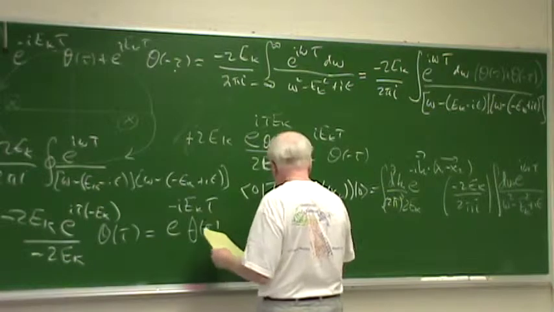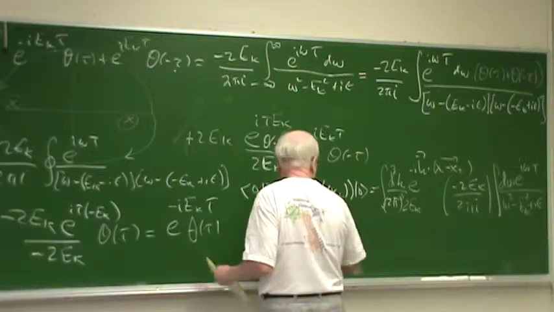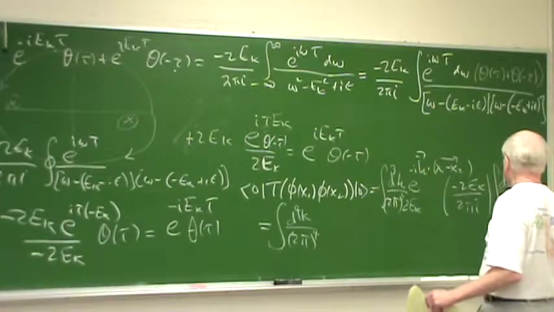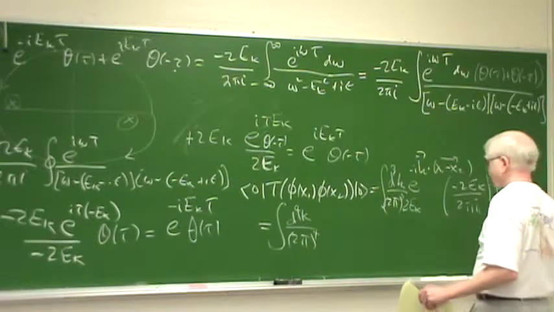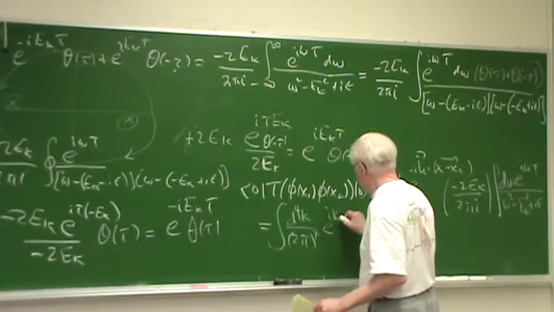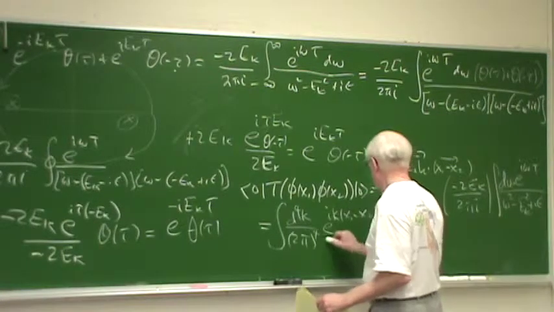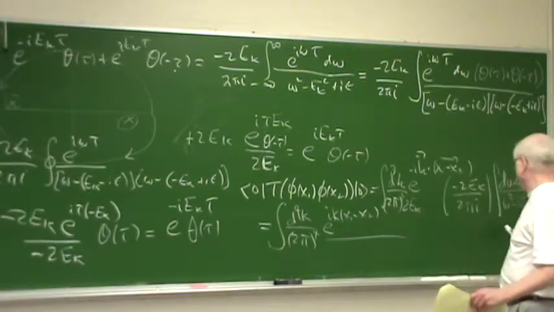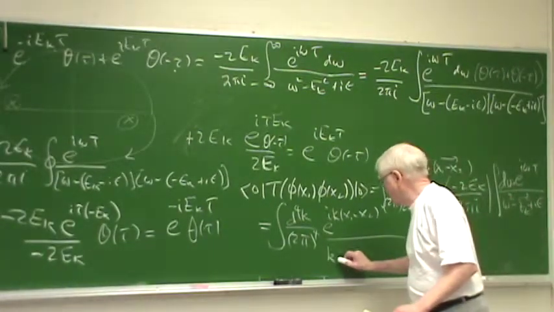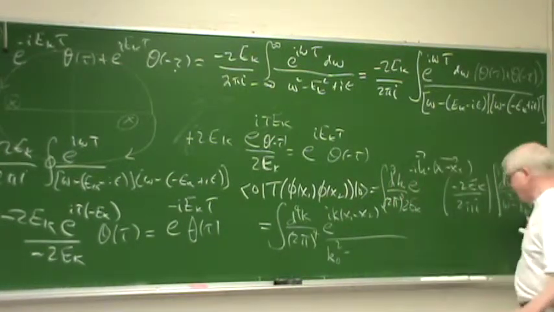integral d fourth k over 2 pi to the 4th, and indeed it's also sitting there in Schwartz's book, so it's e to the i k (x1 minus x2), and in the denominator it's k0 squared minus, well, what's ek squared?